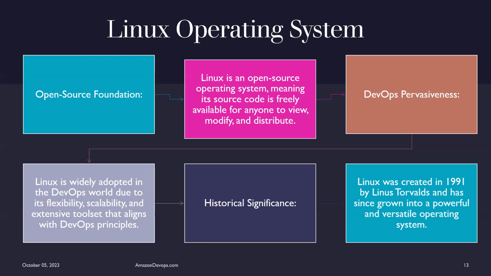It's also easy to scale and is very compatible with many tools. What about historical significance? Linux was created in 1991 by Linus Torvalds. Quite interesting. And it has continued to grow and now has a very huge community under Linux.